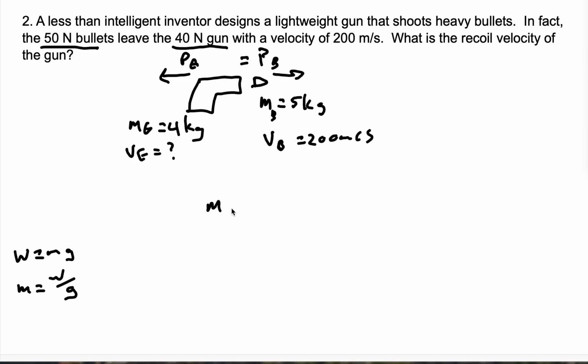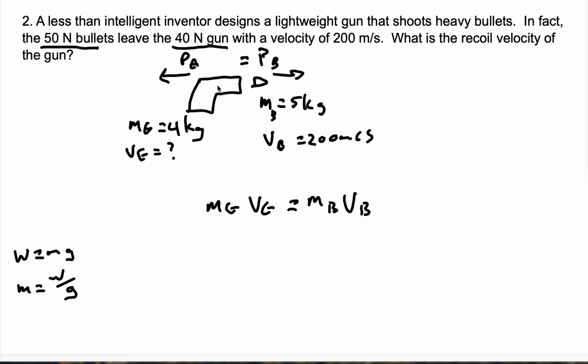So the mass of my gun times the velocity of my gun has to equal the mass of my bullet times the velocity of my bullet. And this could be a gun and a bullet. It could be a person throwing a ball. It could be any time that I have like this sort of explosion, right?